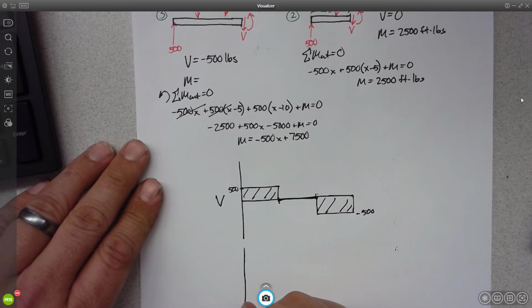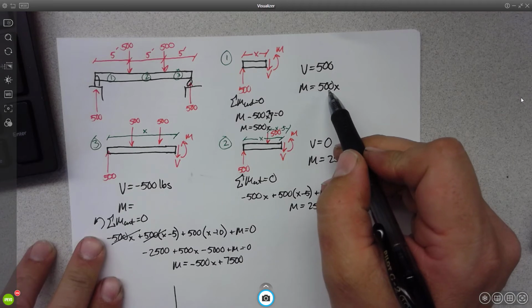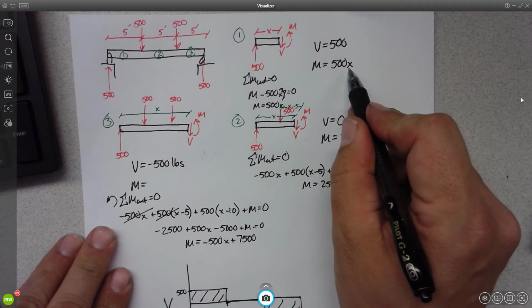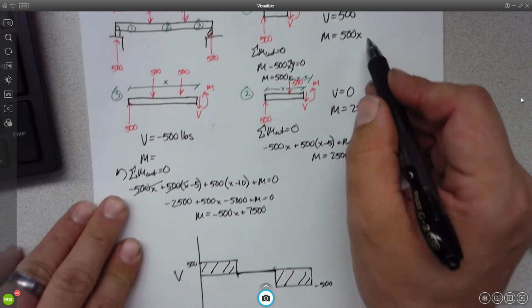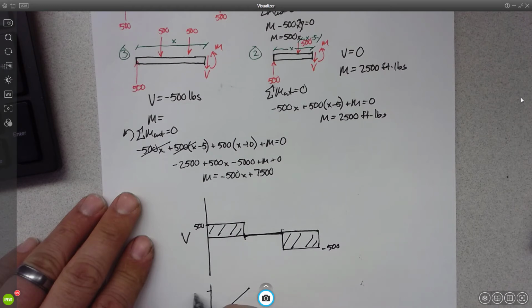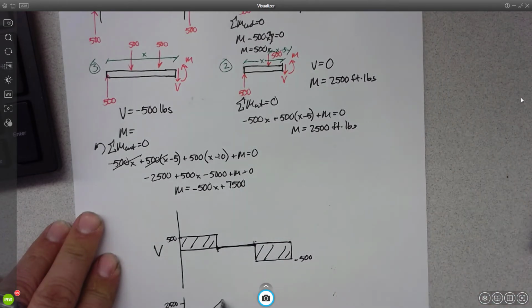Let's look at the moment. The first region, it's 500x. So that means we start at 0 because 0 times 500 is 0. And we go to 500 times 5, which is 2,500. In the second region, it's constant 2,500, so we just draw a straight line across.